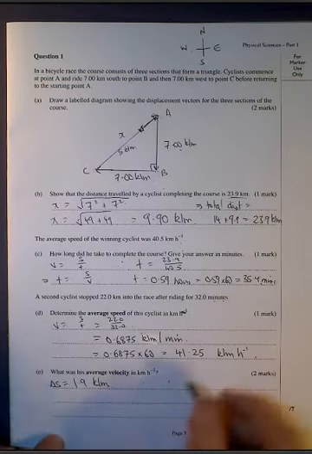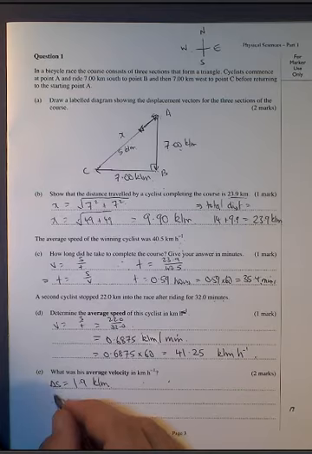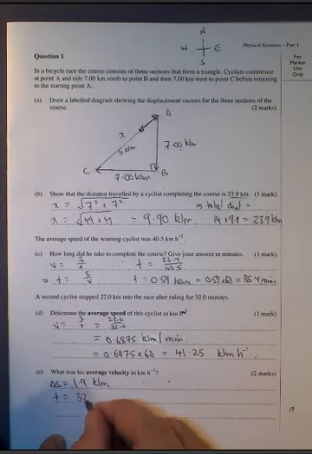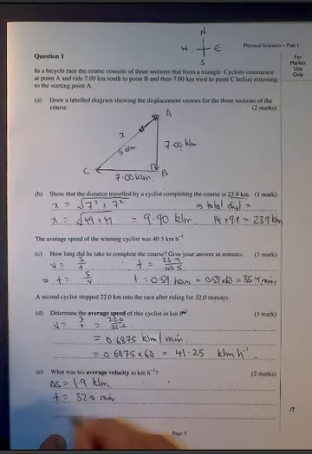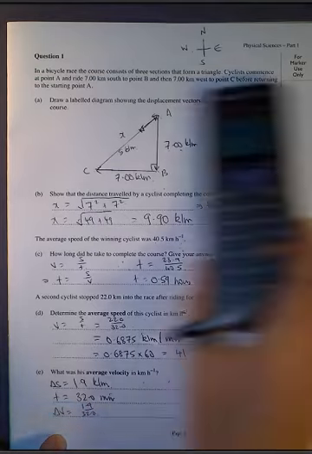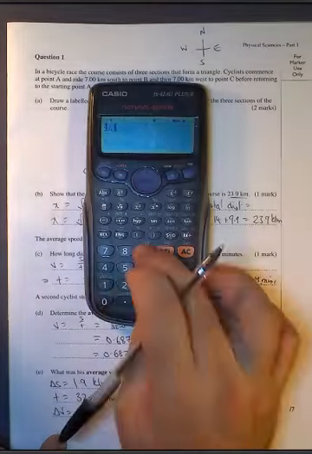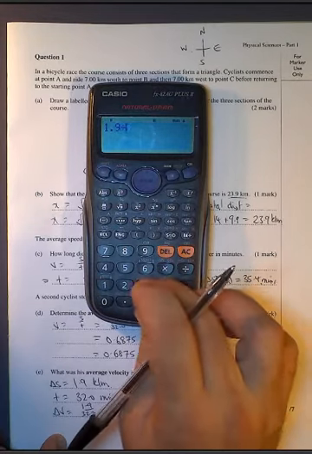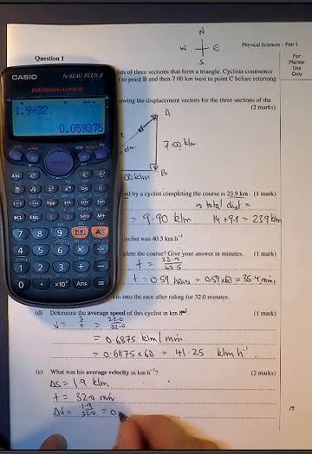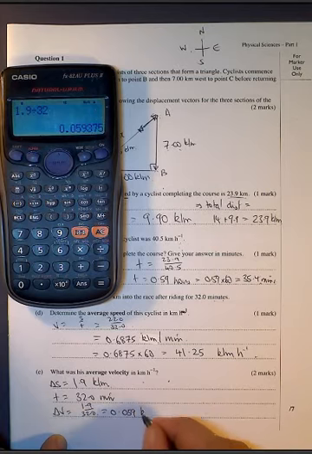And T is equal to 32 minutes. Therefore, velocity is equal to 1.9 on 32.0. 1.9 divided by 32 equals 0.059 kilometres per minute.